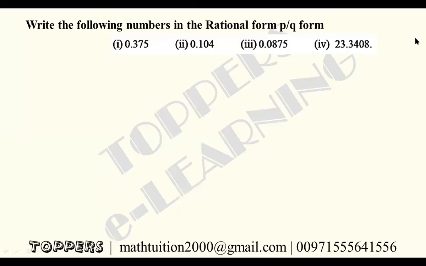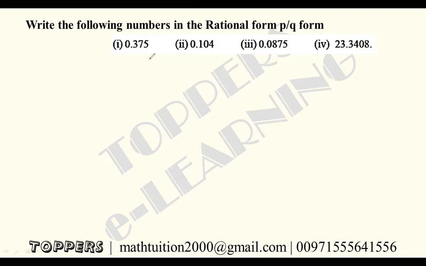Now we have some questions. Write the following numbers in the rational form. That means p by q form, where p and q are integers and q not equal to 0. We have given 4 numbers, 0.375. How will you change this decimal number into p by q form? Numerator should be an integer.